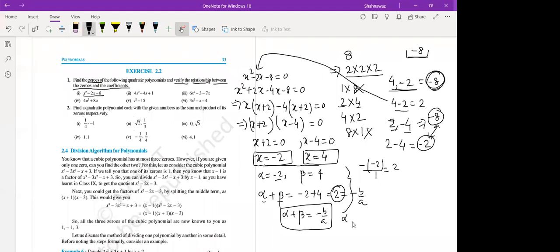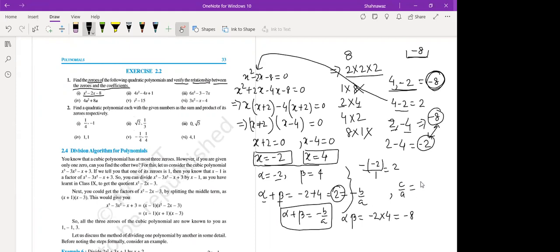Similarly, we prove what is alpha into beta? Minus 2 into 4, so this will be minus 8. And what is c by a?